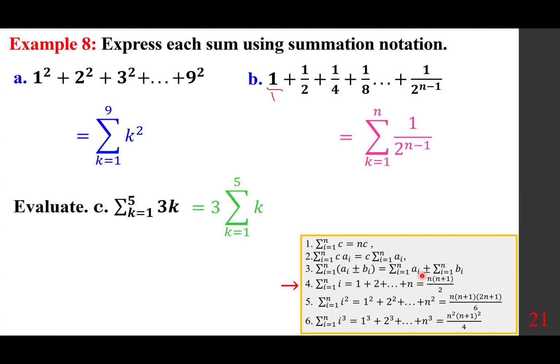Summation of I or k. I and k, they are dummy variables, class, okay? So I can say summation of j going from 1 to 5, it has the same meaning. So the 3 remains, and inside, if we follow that, it becomes n times n plus 1 divided by 2, where n is 5. So 5 times 5 plus 1 divided by 2.